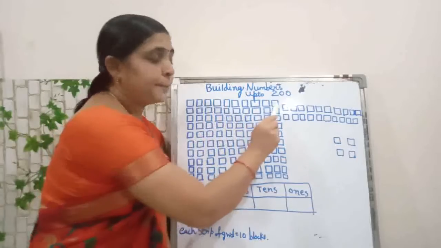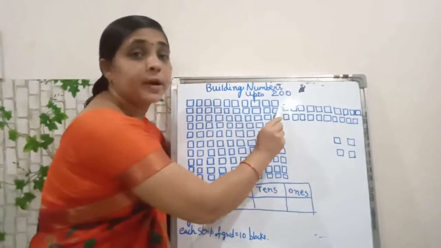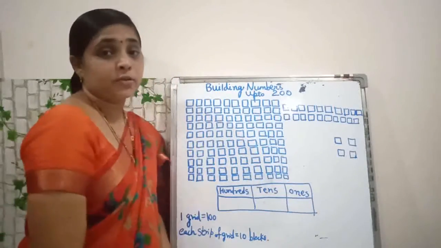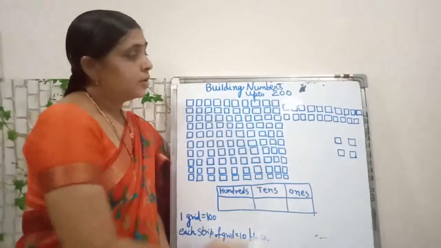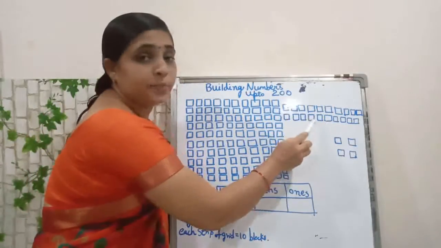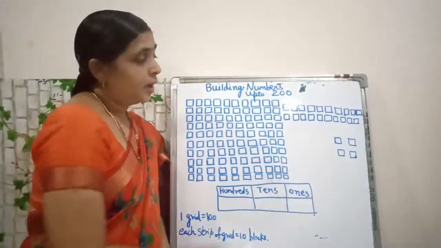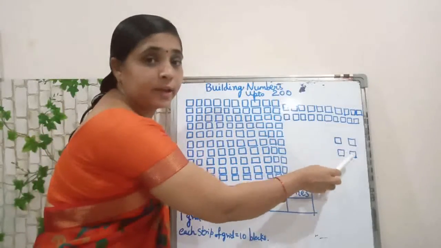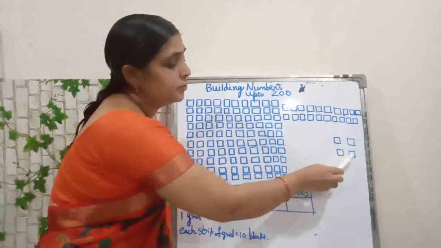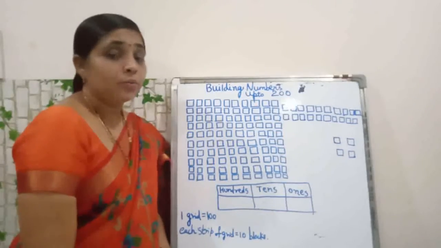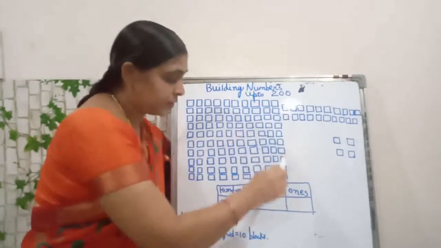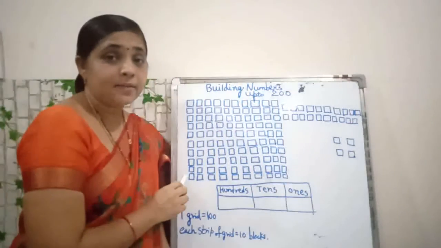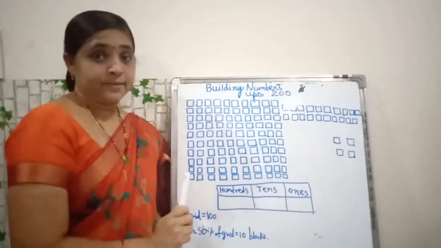Okay, children? One grid contains 100 blocks, and one strip contains 10 blocks. These are two strips here. Yes or no? And see here, how many single blocks are there? 1, 2, 3, 4. So now, you can represent this grid as 100.